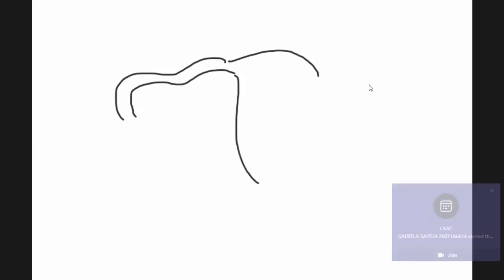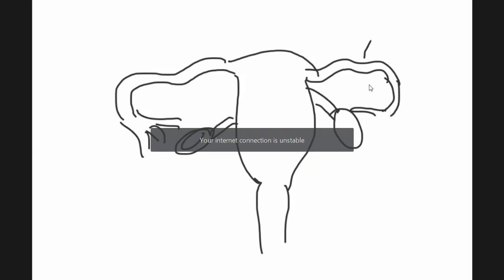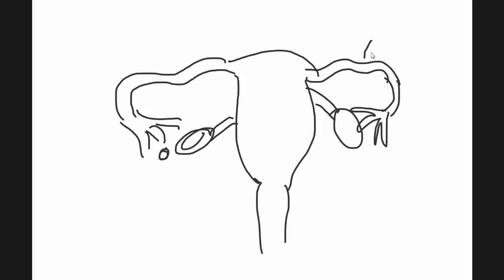You have learnt about human reproduction, at least a little. So this tube, which is meant for transport of the ovum, is the fallopian tube, the oviduct. It collects the ovum and the cilia in it push it towards the uterus.